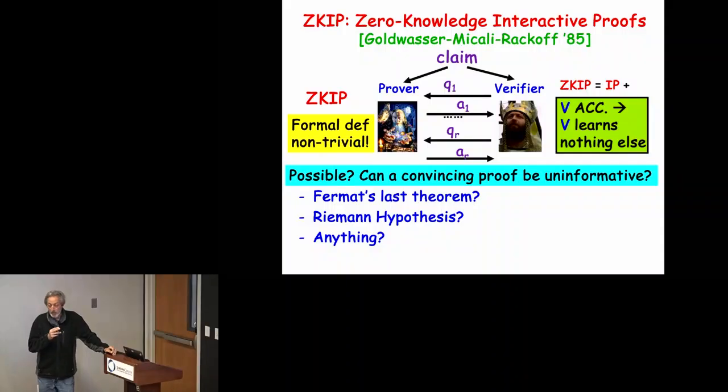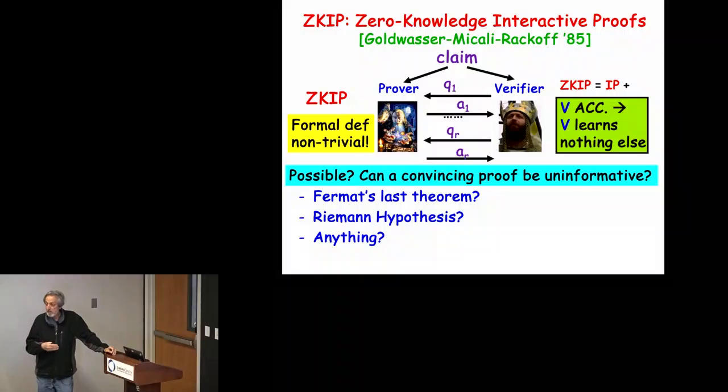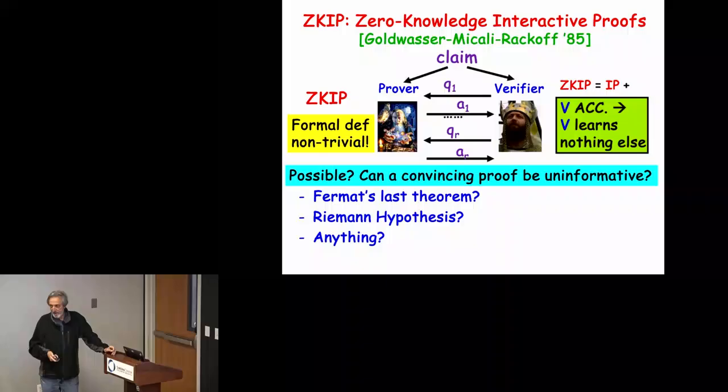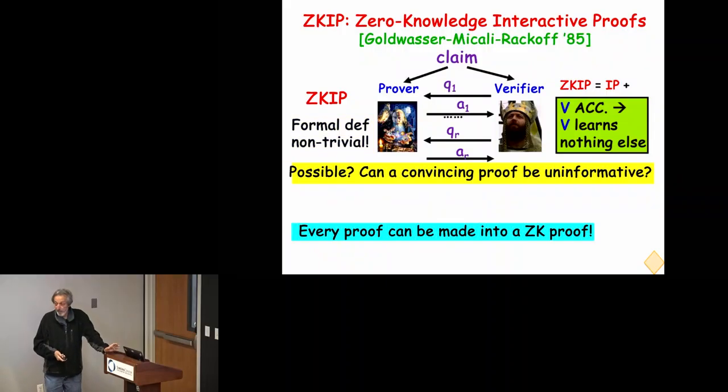You want there to exist an algorithm, which knows the verifier algorithm of course, that can generate a distribution which looks identical to that convincing distribution. So if you can generate a convincing conversation by yourself, you didn't learn anything. But that's the formal definition.